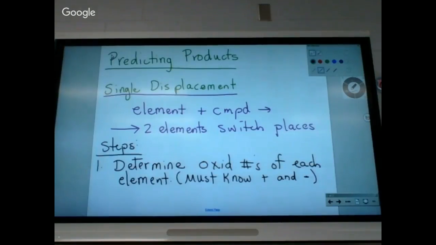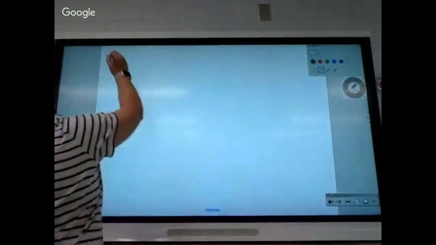Because I'm going to switch boards rather than make this teeny tiny. Do I need to wait on anybody? No? All right. So step 2.